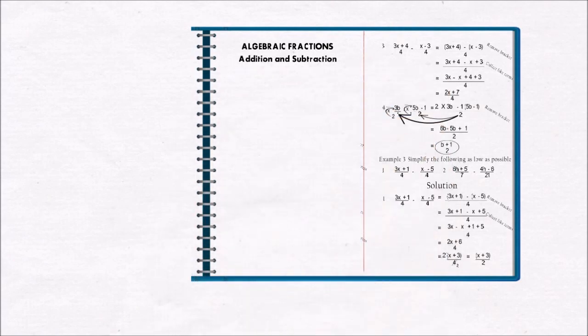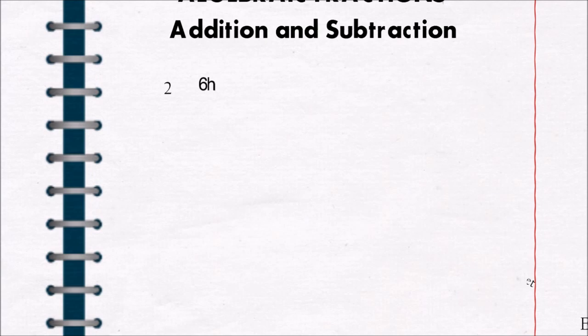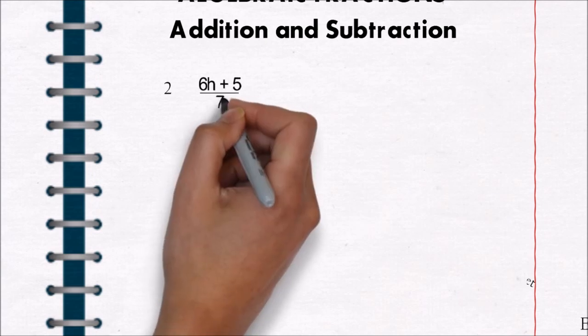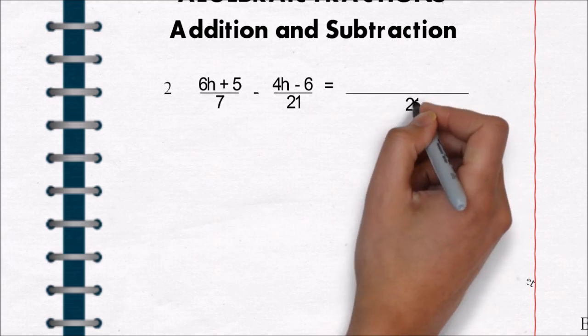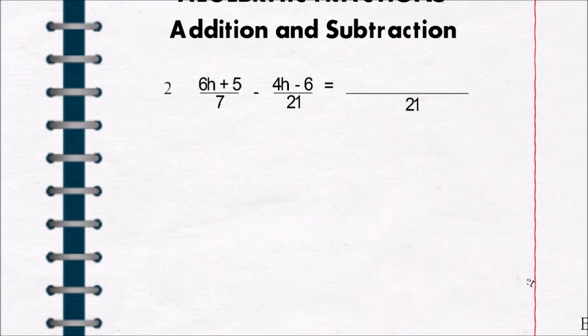Now in number 2, we have 6h plus 5 over 7 minus 4h minus 6 over 21. So at the denominator, we have 7 and 21. The LCM of 7 and 21 will be 21. Then when we divide 21 by 7, we have 3.